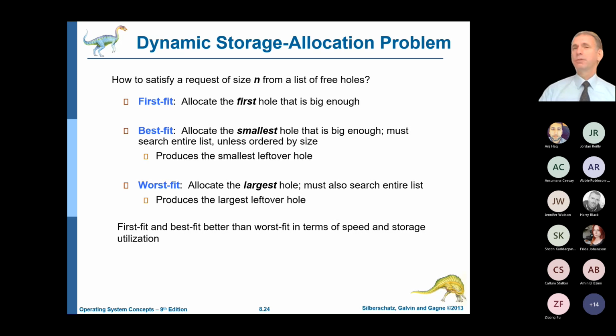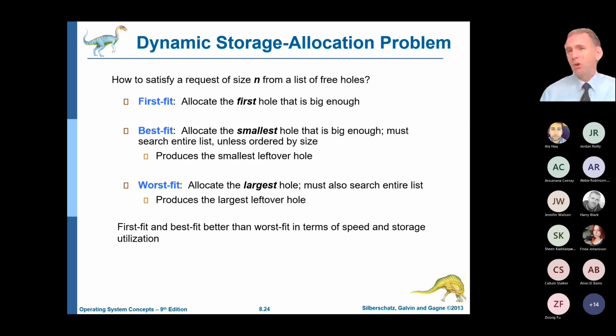Look at the size of our process and say, okay, let's try and match it up. We've got all these holes, we know how big they are, let's try and get the smallest hole that we have to fit it in. Which means that the leftover hole will be small, so you don't waste too much memory.